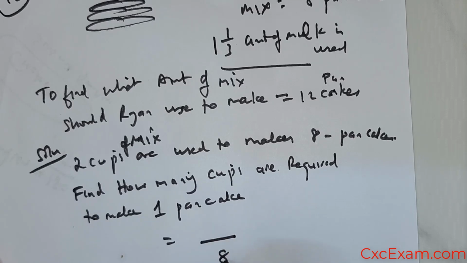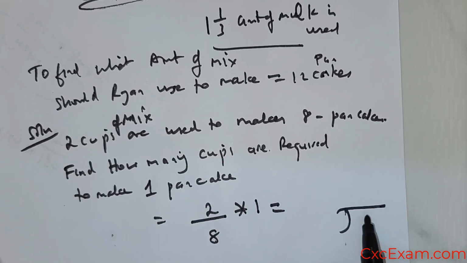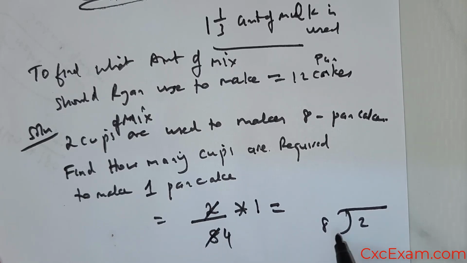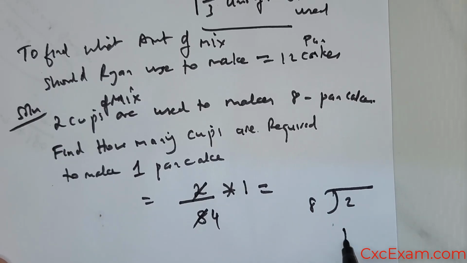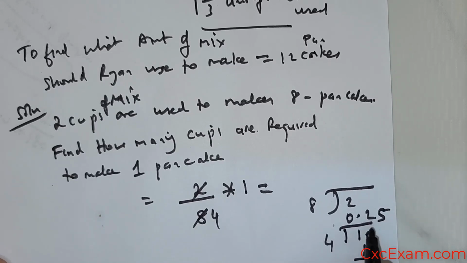To make 8 pancakes, I need 2. So therefore, to make 1 pancake, what is the amount of mix required? 2 has to be divided by 8. So 2 divides here 4 times, and we got 1 that has to be divided by 4. So 0.25.